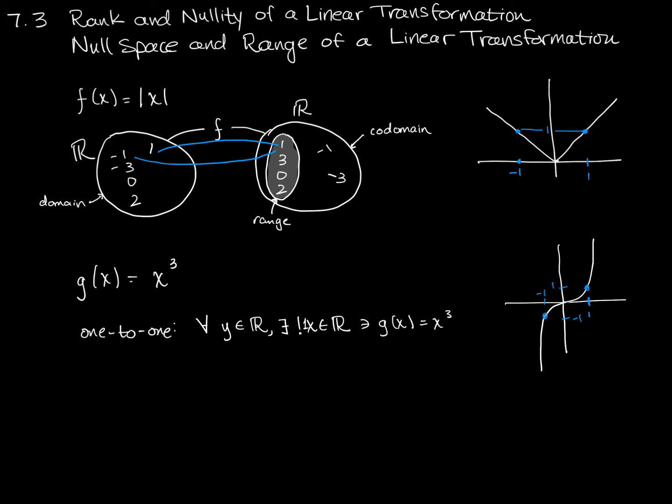Actually, maybe it would be even clearer if I did that. So now what it says is for every y in the real numbers, there's only one x in the real numbers that gives me that y when I plug it into the function.